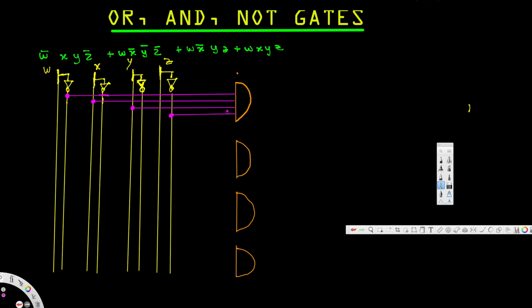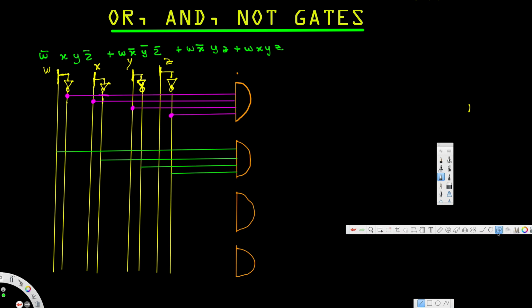So this is our first one, and the second one, let's use a different color. The second one is w x bar. So w is going to go from here, and then x bar, that's going to go from here, and then we have y bar, that's going to go from here, and then we have z bar, that's going to go from here.